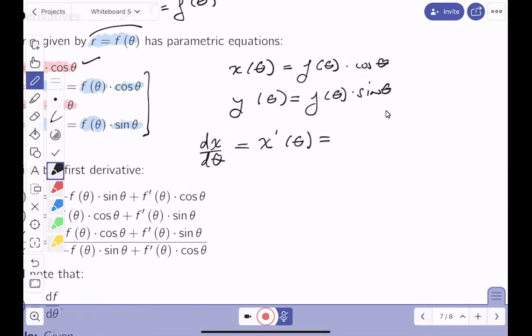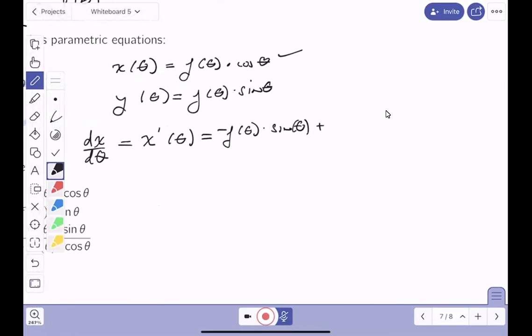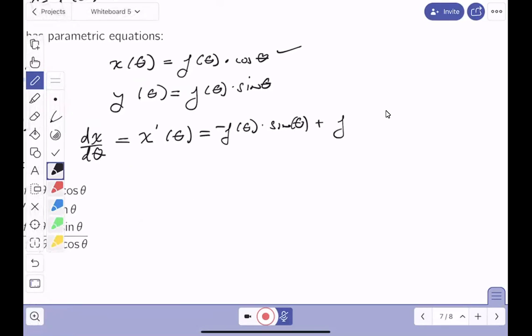So what would you get? Well, I'm going to put down f of theta, using the product rule, times the derivative of cosine theta. Well, that's going to be sine theta, but it's the opposite, right? Minus, plus f prime of theta, and you know the product rule, by the way, cosine of theta.